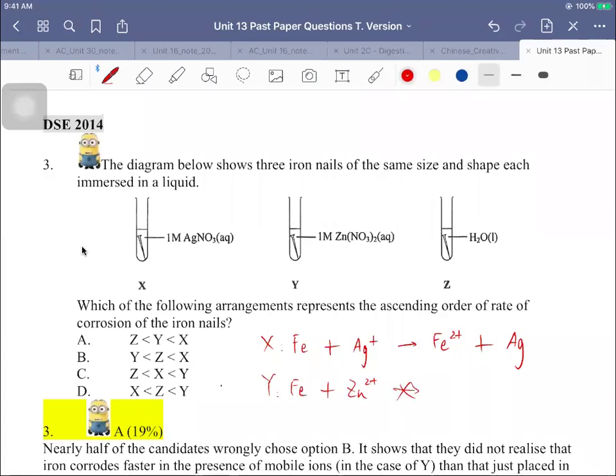So there is no further process to generate iron 2 plus. Hence, the rusting process will not be sped up through the displacement reaction. So if we compare X and Y, X is going to rust faster than Y. So that's the reason we choose A as the correct answer.